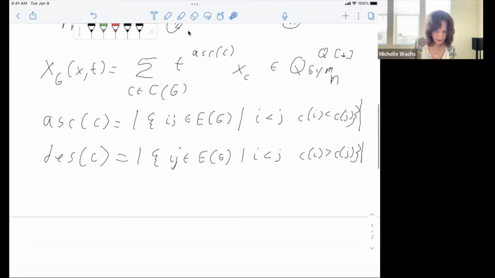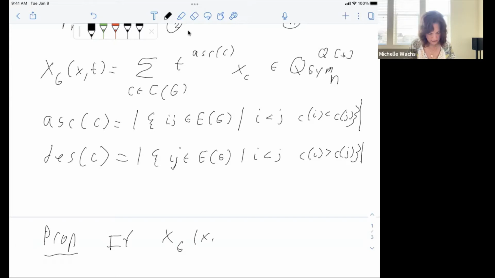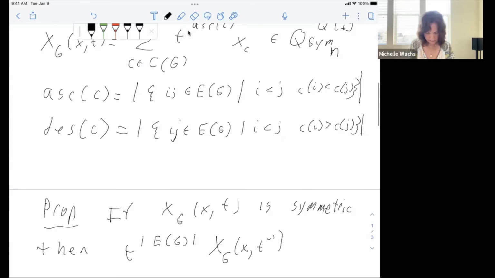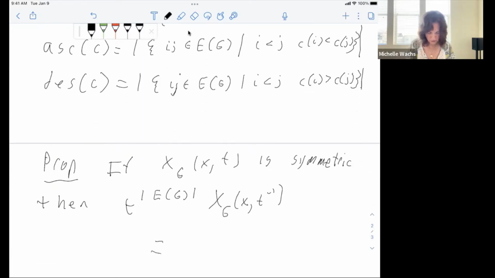And that follows from the following proposition. If X_G(x,t) is symmetric, and I mean symmetric in x, then t to the number of edges of G times X_G(x, t inverse) is equal to X_G(x,t).